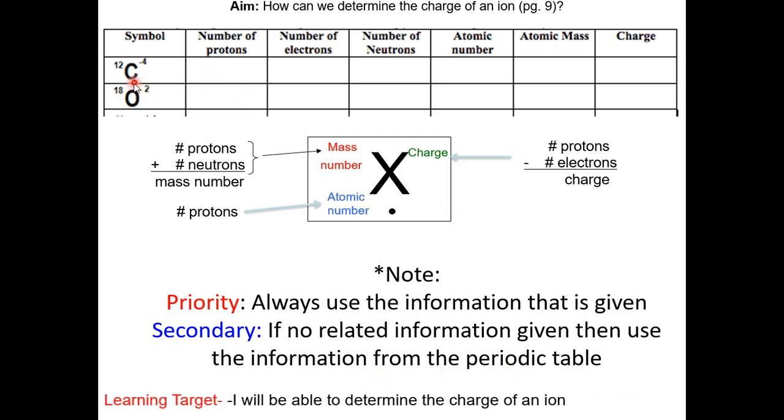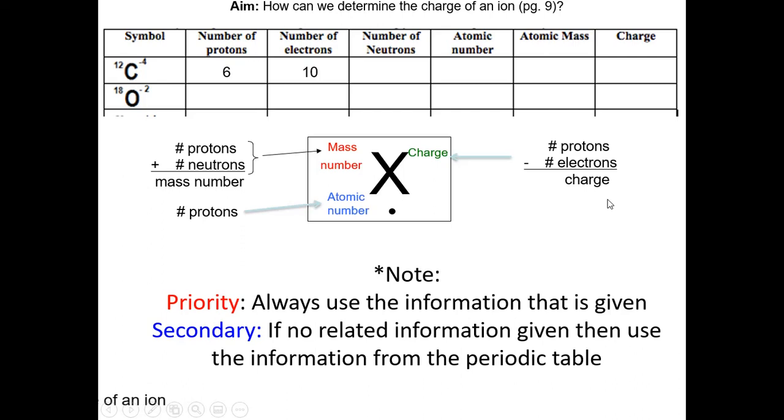So here we have carbon. What is the number of protons of carbon? It is 6. Notice that the charge is -4. So if you work backwards using the charge equation over here, you should get the number of electrons as 10, which makes sense because we have more electrons than protons. That's why the charge is negative. For the neutrons, you have to use the mass number. Okay?